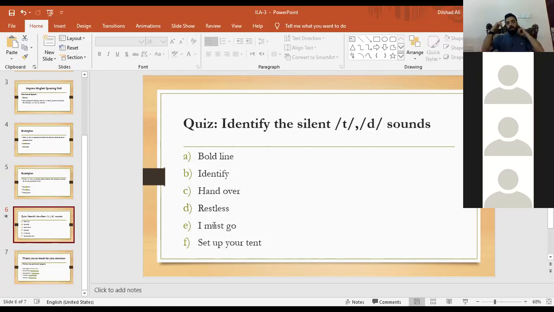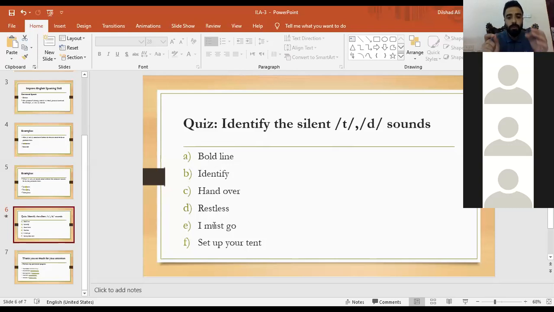You have to tell me just by letters. For example, you will tell me, teacher, A, B, C, we do not pronounce t or d, but D, E, F, we pronounce them.